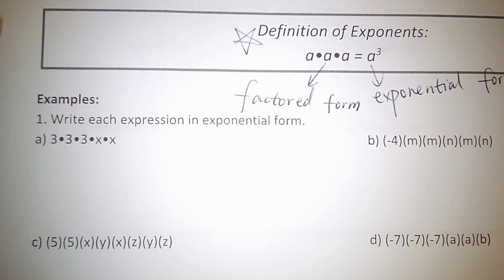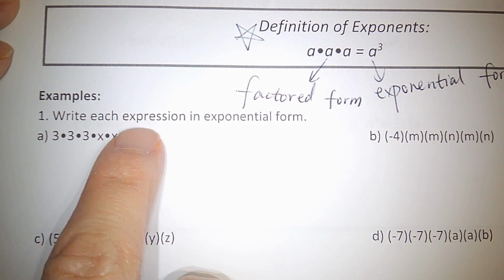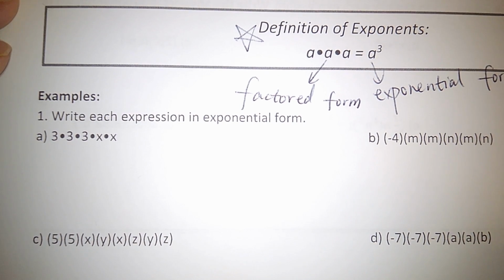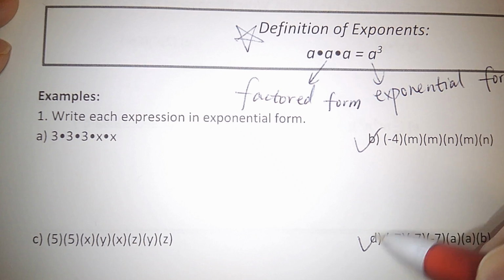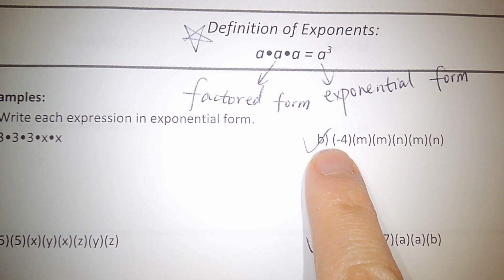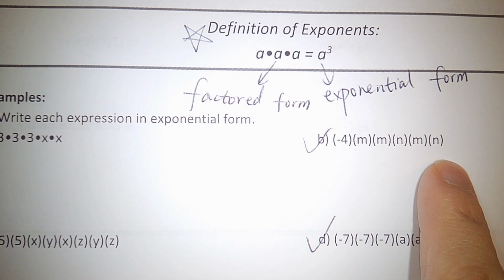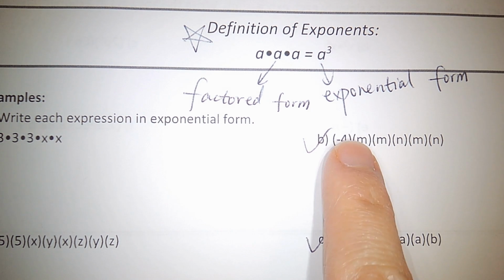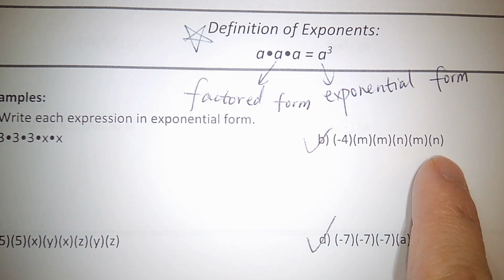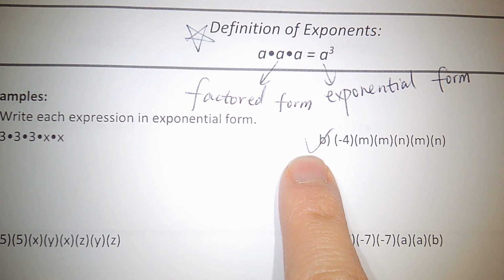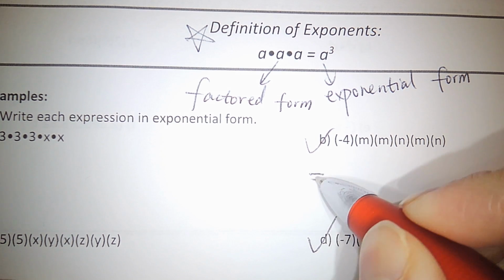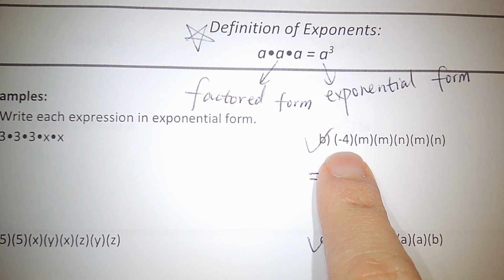All right, so we're gonna practice writing each expression in exponential form. So let's try question B and D. This given expression is in a factored form, right? -4 times m times m times m times n times n, factored form. How can we write this expression in the exponential form? We have this number -4.